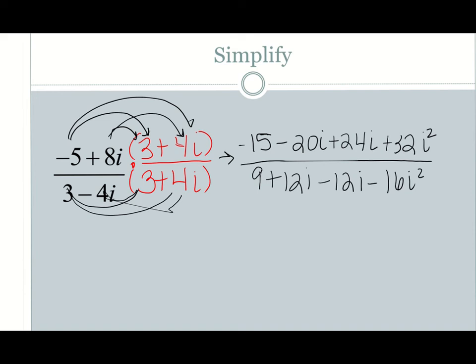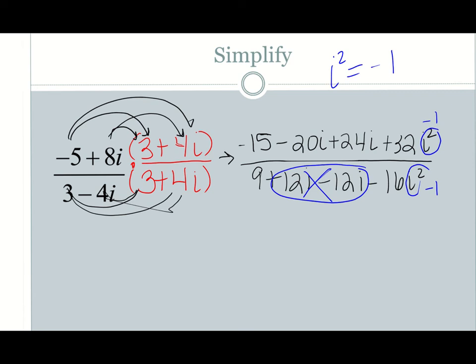So remember, in our denominator, because we multiplied by its complex conjugate, our imaginary numbers cancel. And then our other big thing is i squared, remember, equals negative 1. So i squared becomes negative 1, and i squared becomes negative 1.